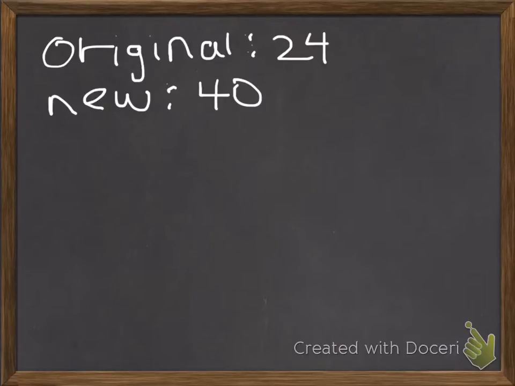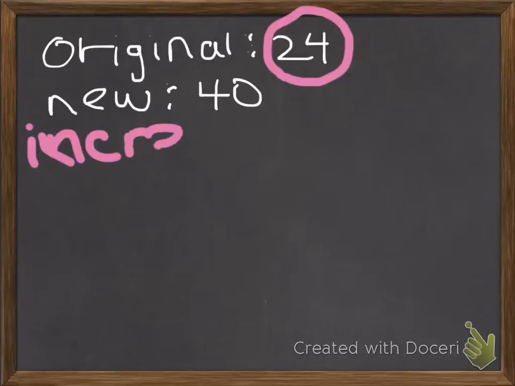Now, this is the same type of directions for this problem. We're supposed to find out whether this is a percent of increase or a percent of decrease. So I look at my original number, and then I see if my new number is either higher or lower. So in this case, the new number is higher, so this would be a percent of increase. Now I'm going to set up my ratio, which is the change in the numbers, or the numbers subtracted from each other.